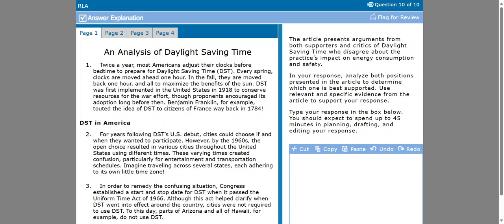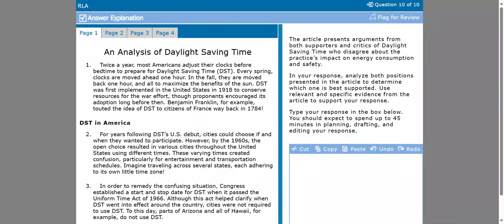And so it's asking here, analyze both positions presented in the article to determine which one is best supported, meaning which argument has the best support. The one that supports daylight saving time or the one that opposes daylight saving time.